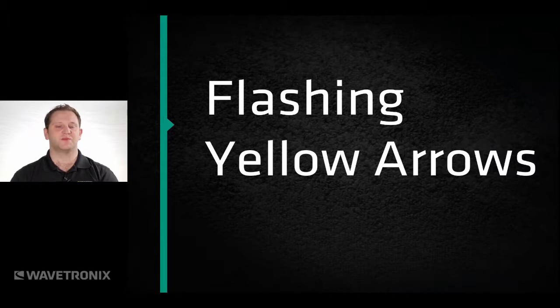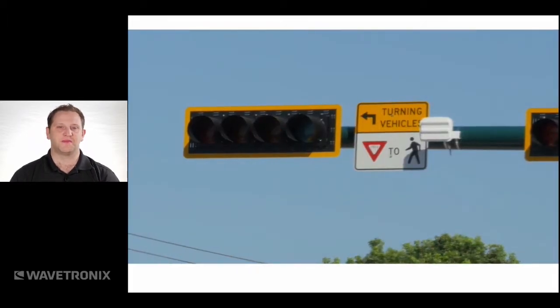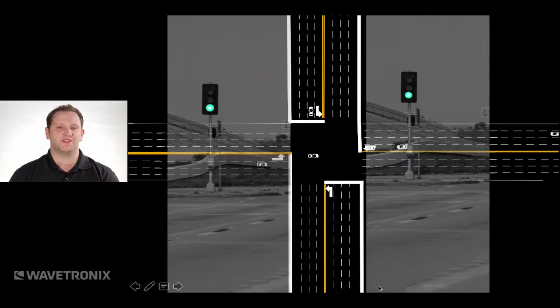So let me talk a little bit first about where I was with the yellow trap. So we all kind of understand what the yellow trap is, right? But I'm just going to go over it quickly to make sure. Basically what happens is we have two conflicting approaches, or opposite approaches really, that are both green. There's a car that's trying to make a left turn that doesn't necessarily feel able to make that left turn, and so they're kind of waiting for the right gap.